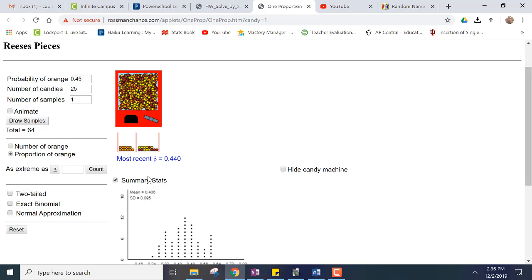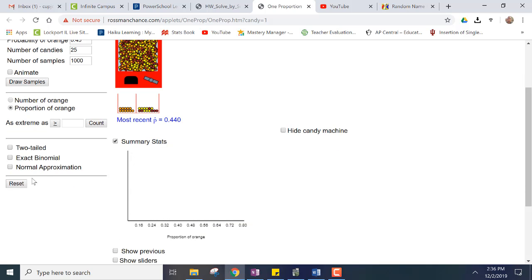So we change the number of samples to 1,000. 1,000 means lots. We're going to see how we can describe the sample proportion distribution. So let's reset this.